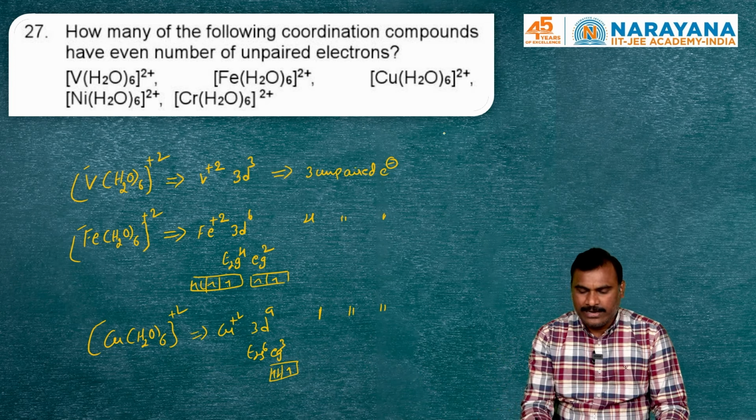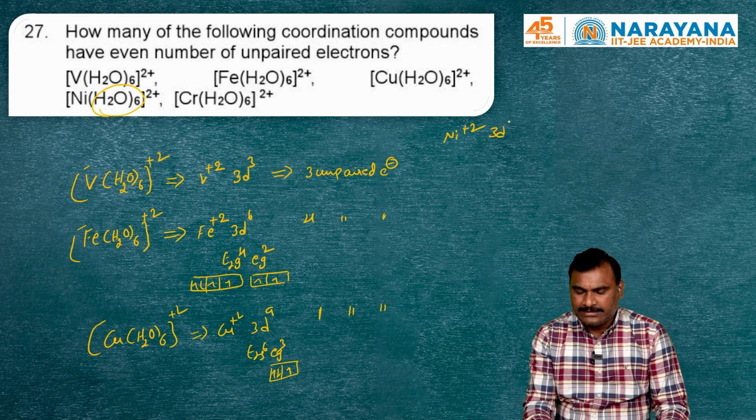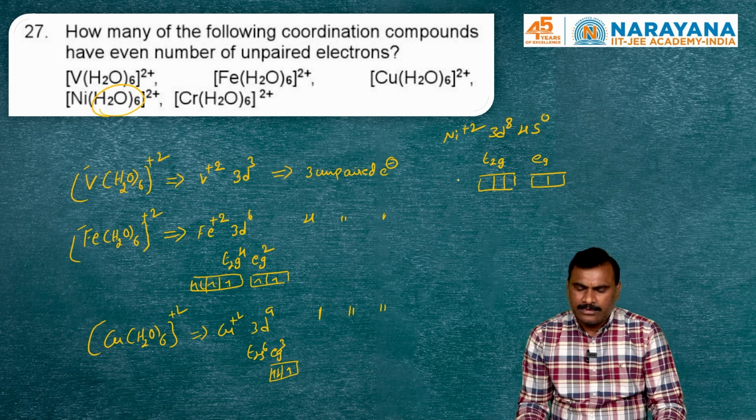Now let us go for nickel plus 2. Here also water is a weak field ligand, that is 3d8 and 4s0, that is t2g6 and eg2, an octahedral complex.